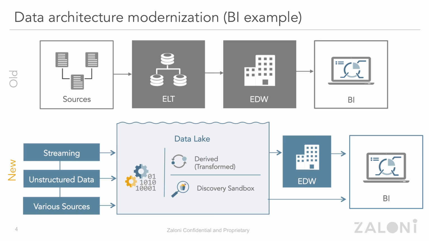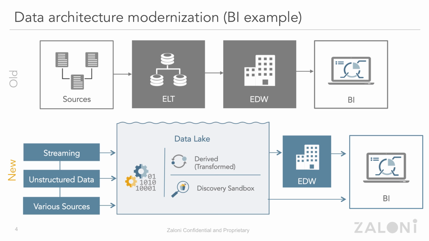So that used to be how we used to do things, right? In the new architecture, what we're seeing is that you're bringing in all different types of data into a data lake environment where you're keeping the raw data as is for as long as you want, based on retention policies and things like that.